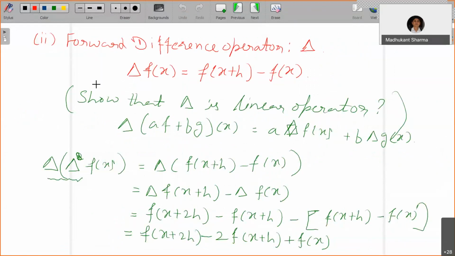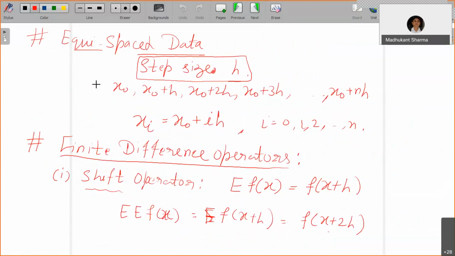Let me go back and revise. Among them, we first defined the shift operator, which is defined by E f(x) equals f(x plus h). It clearly means that it gives you the function value at the next nodal point.